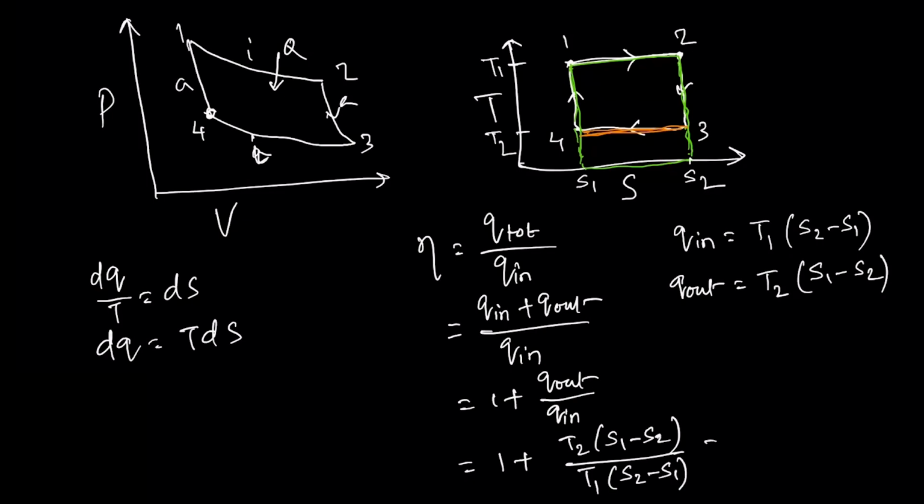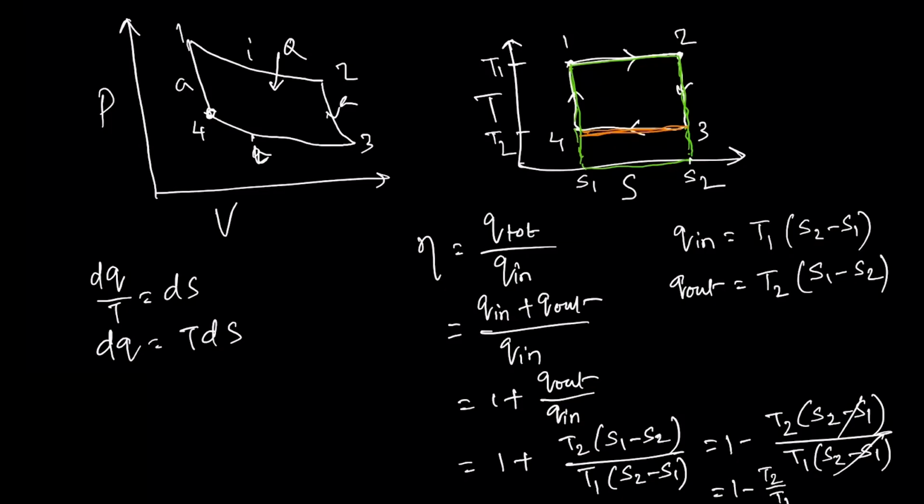Taking the negative sign on the numerator, we get T2 times S2 minus S1 by T1 times S2 minus S1, which cancels, giving us 1 minus T2 by T1. So that is the efficiency of the Carnot engine calculated directly from the TS diagram.